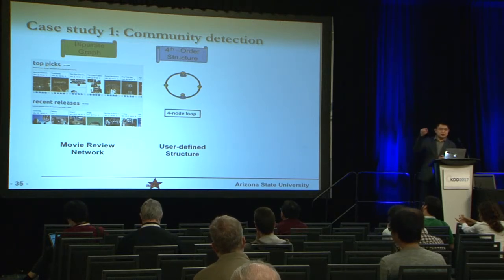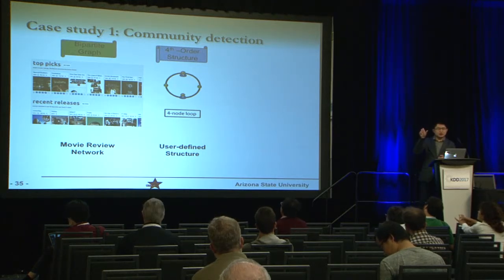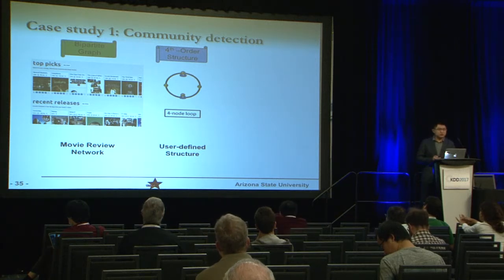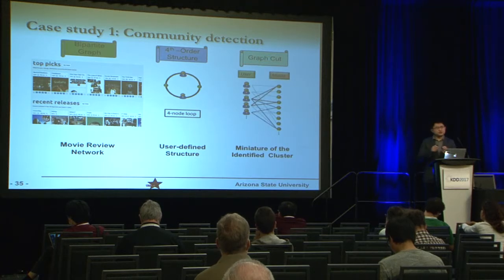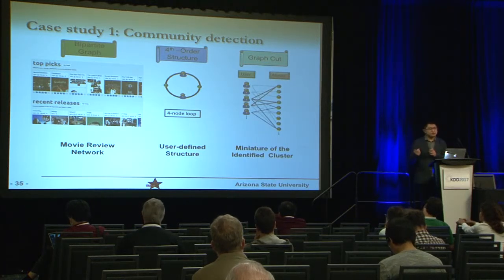When both user 1 and user 2 like the same two movies, that forms a loop in the movie review network. We want to find the clusters where the group of users have similar taste in movies. Here is a miniature of the identified cluster using our algorithm.